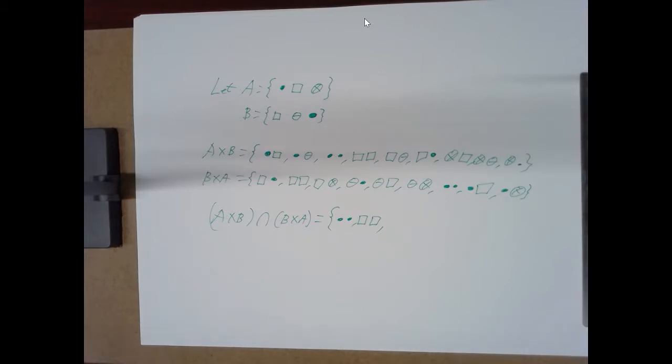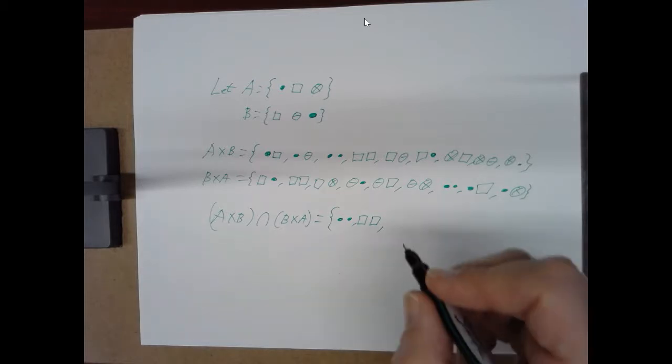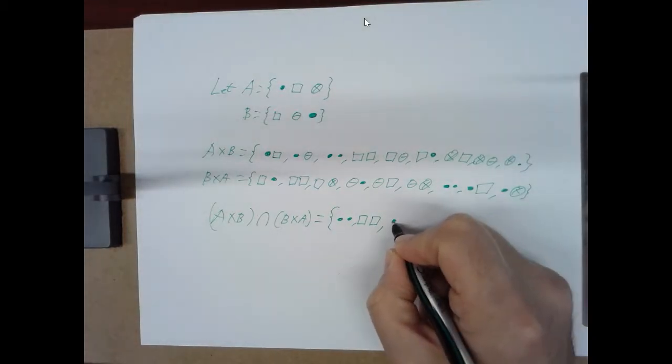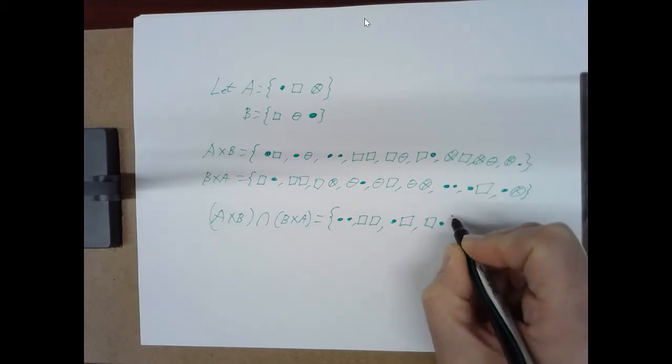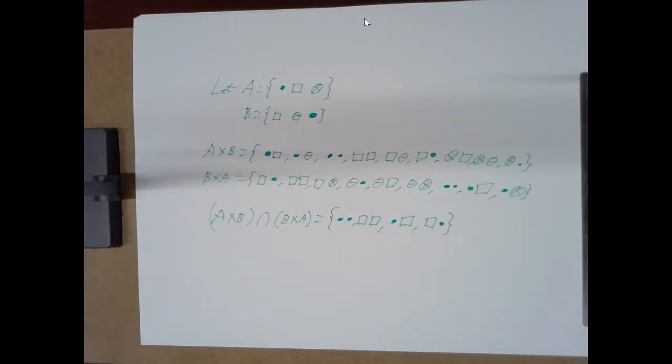And what? The 2, there's a dot and a square and a square and a dot. So a dot and a square. And a square and a dot. And I think that's it, right?